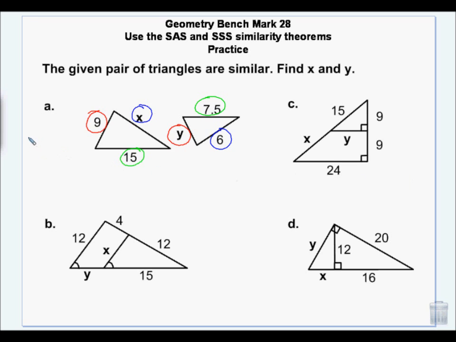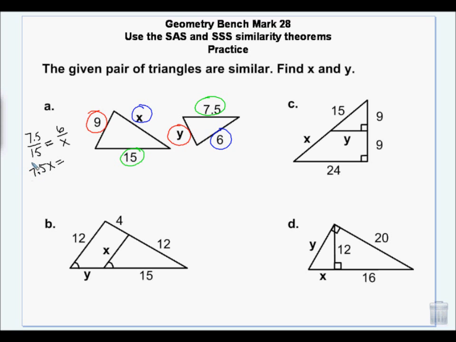So I'll set up my proportion. 7.5 over 15 is equal to, say, 6 over x. So 7.5x is equal to 90, I believe.